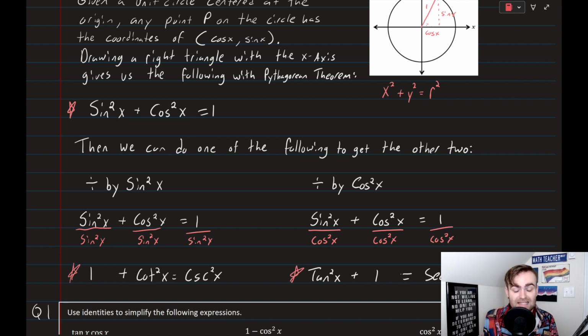You can take these identities and manipulate them. It is 100% a-okay to manipulate identities. What do I mean by this? Well, if I wanted to, I could say that cosine squared is equivalent to 1 minus sine squared. That is a-okay, and in fact, you will probably have to do this at some point.